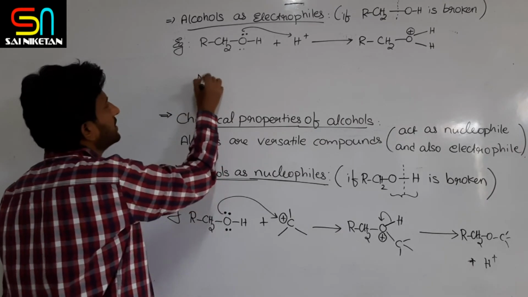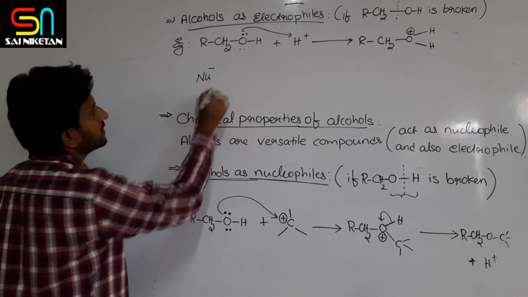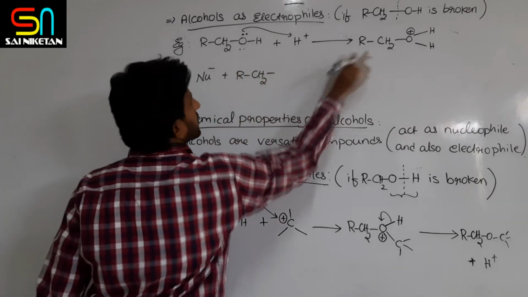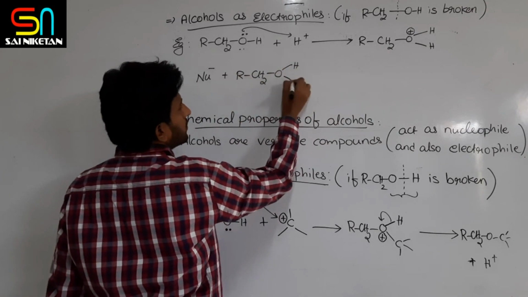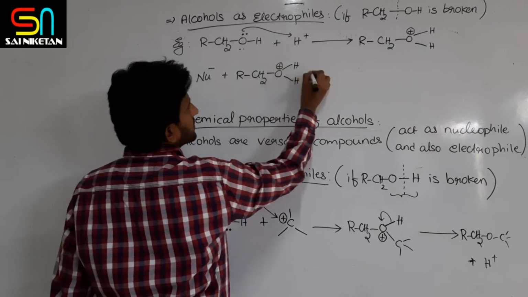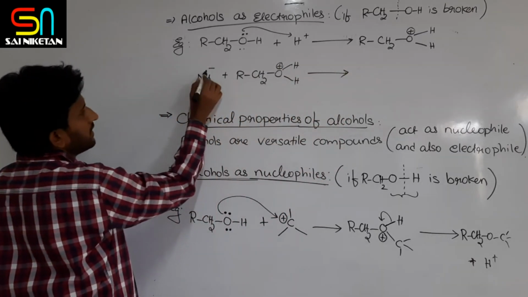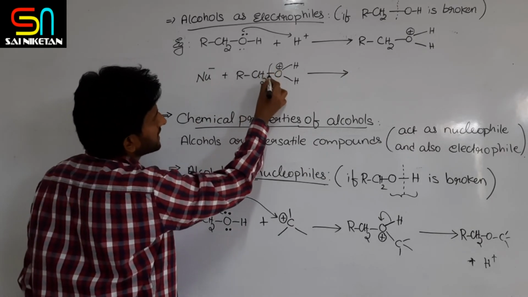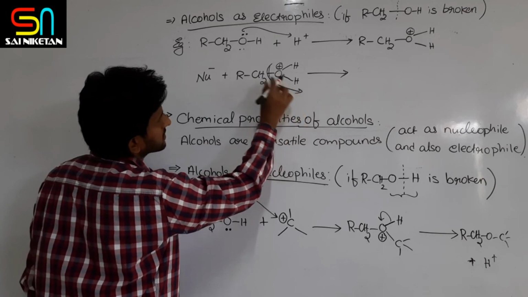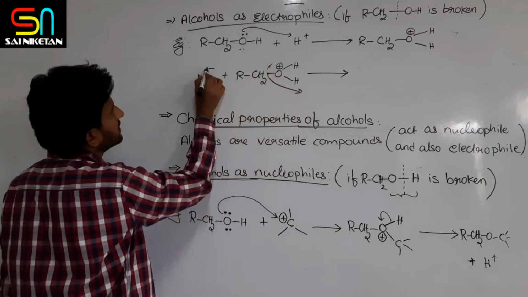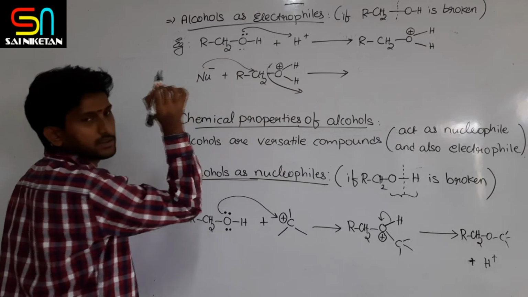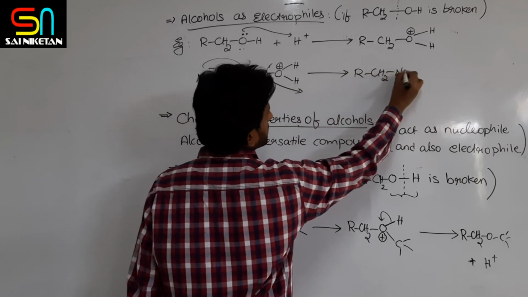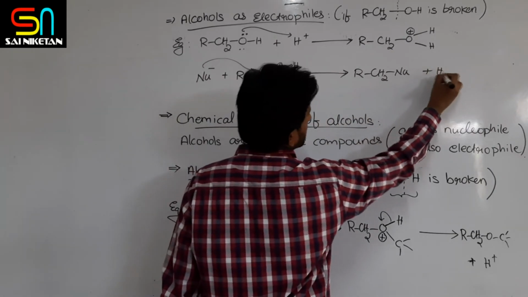Now this oxygen with positive charge is unstable, so it is eliminated along with the bonded pair of electrons as water, and the nucleophile attacks the carbon. So you get RCH2Nu plus water.